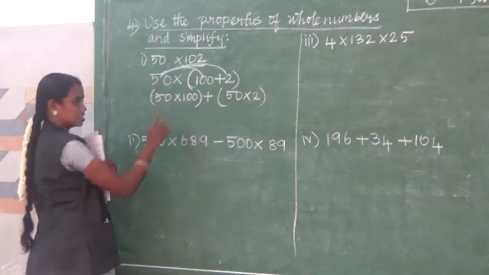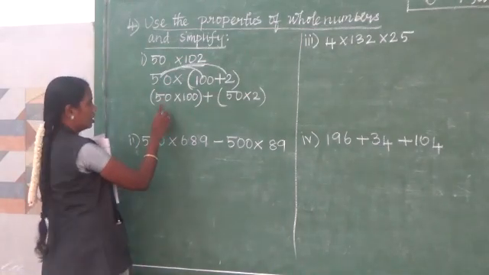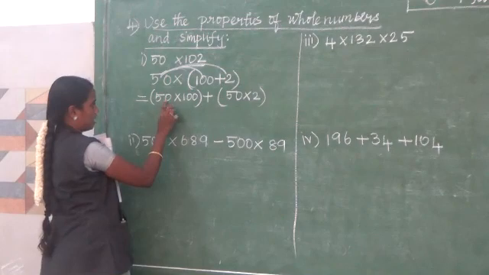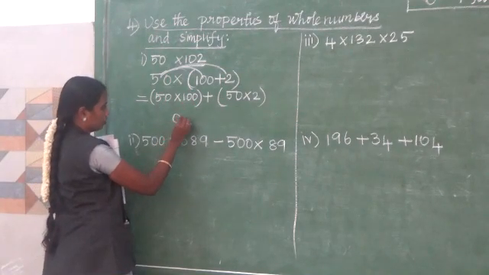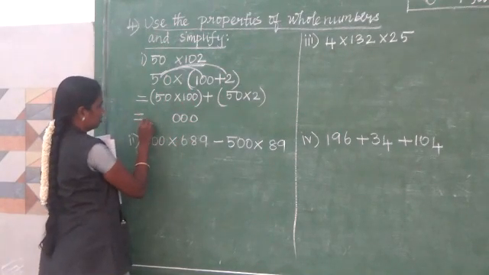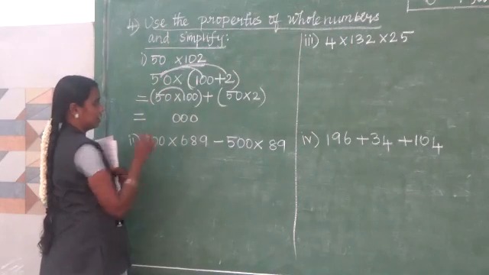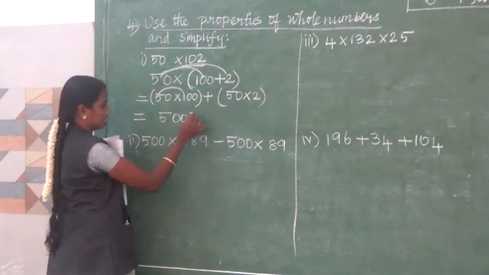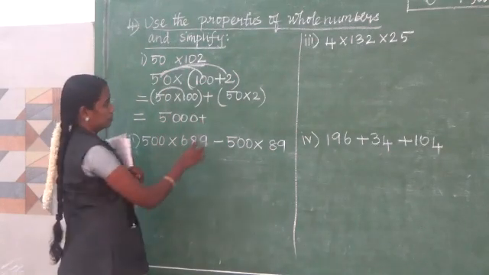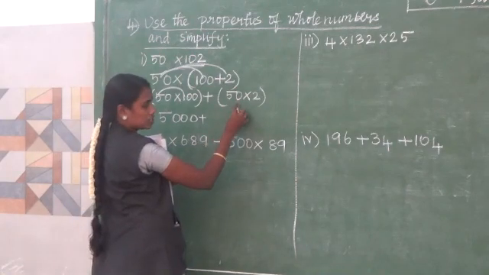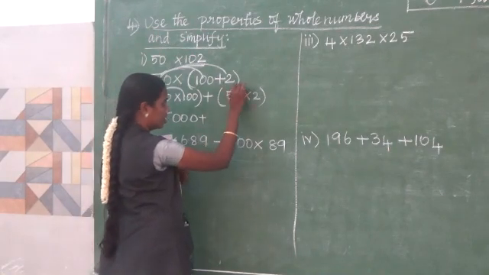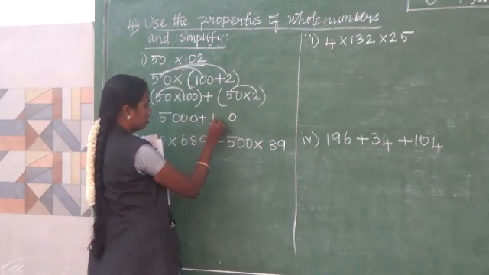See here the number ends with 0, it's very easy. How many zeros are there? 1, 2, 3. Then multiply the number alone. 5 ones are 5, it's an easy calculation. 5000 plus, likewise, how many zeros? 1. The number alone multiply, 5 twos are 10.